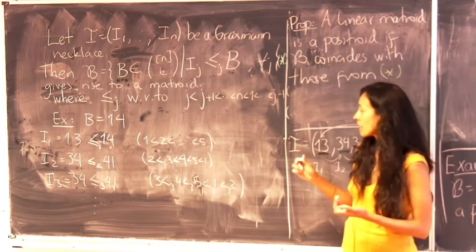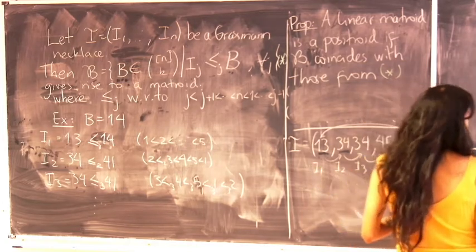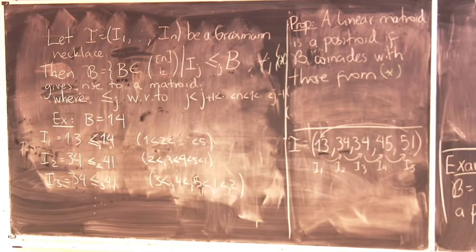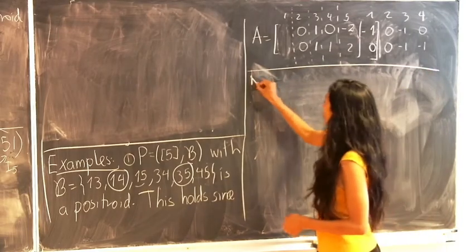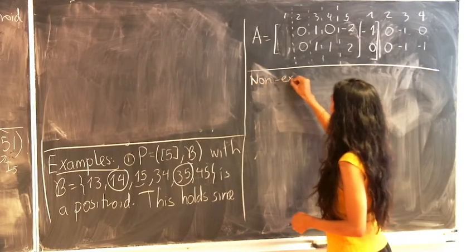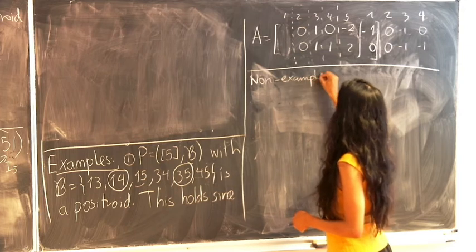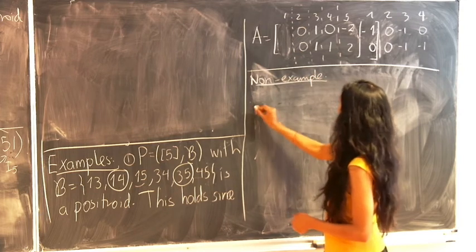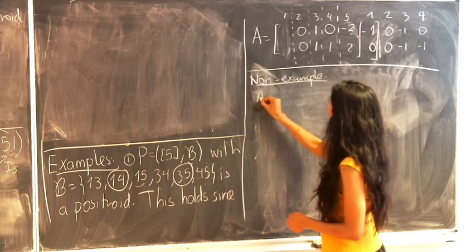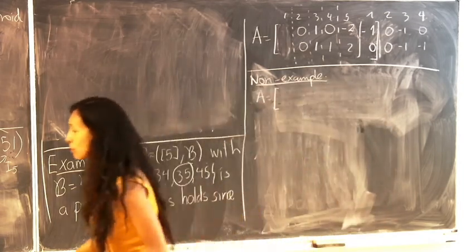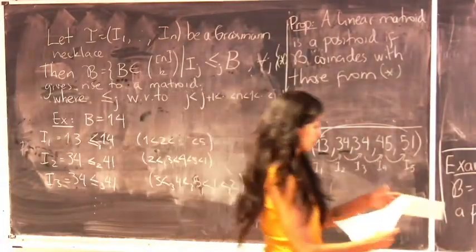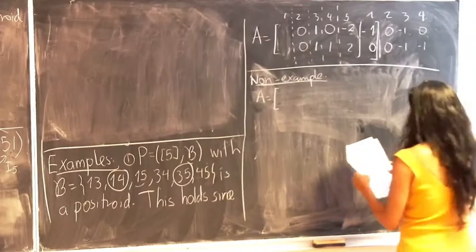And in the non-example, so I erased it, but let's put it here. The non-example, we had the matrix given by this matrix, or something like this.